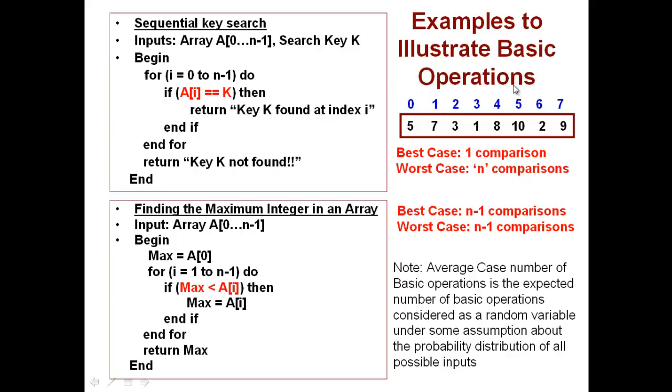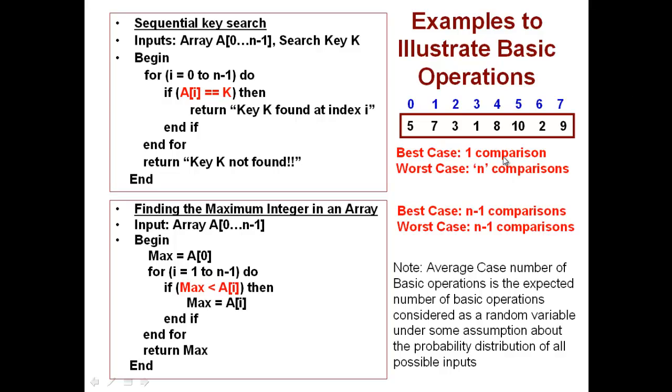On the other hand, if we have to search for the last element in the array, or if the search key is not there, we would have to do n comparisons. Basically, we have to compare with every element in the array and then decide it is in the last index or it is not there. So that's the worst case. We have to do n comparisons.